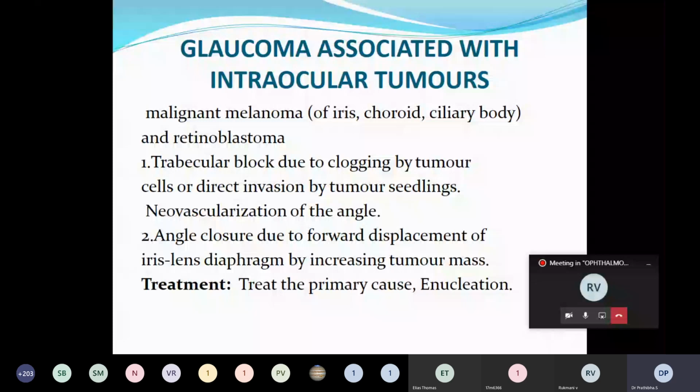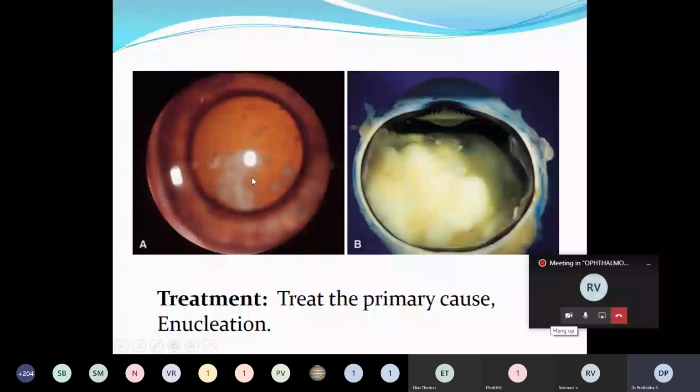For intraocular tumors, if it is occupying most of the eyeball, then you need to do enucleation. This is the tumor seedling you are seeing in the vitreous cavity. See, it is almost filled up. If it is filled up like that, enucleation is done. This is an enucleated eyeball that you are seeing.